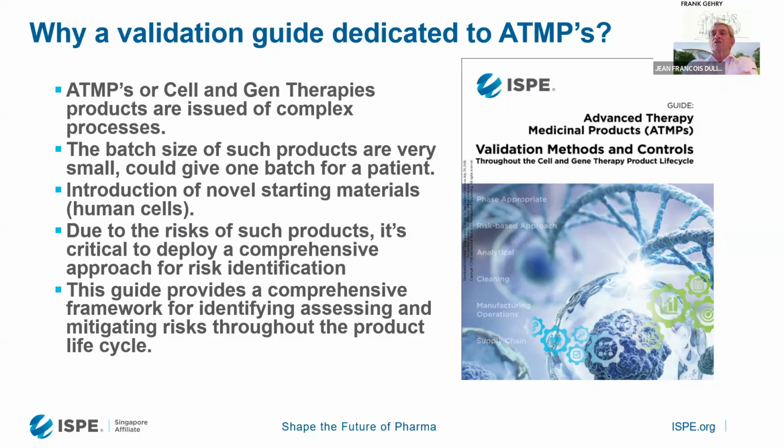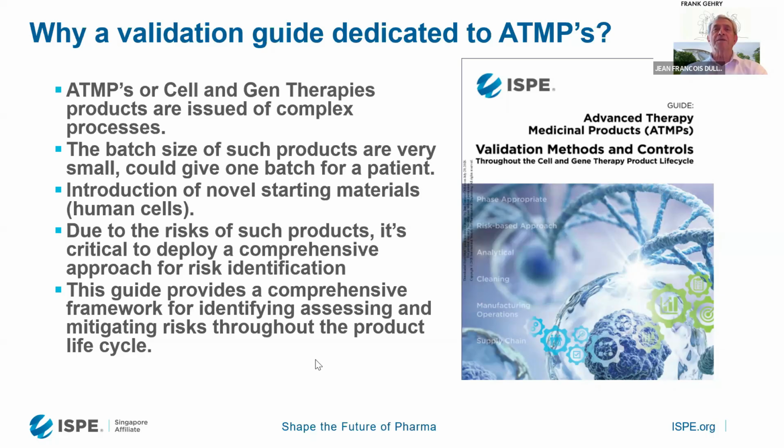Due to the risk of such products, it's critical to deploy a comprehensive approach to risk identification, and we will say a few words on that later. The guide tries to provide a comprehensive framework for identifying, assessing, and mitigating risk throughout the product lifecycle.